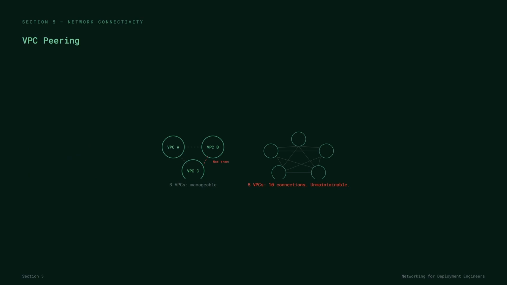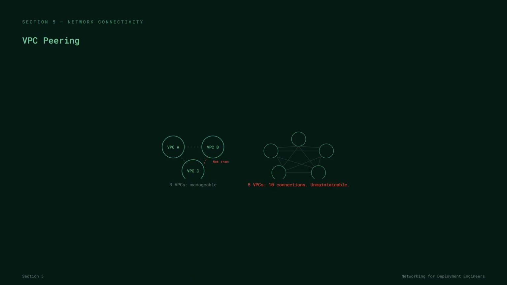VPC peering connects two VPCs directly. They can talk to each other as if they are the same network using private IPs. It's simple to set up and works well for two or three VPCs. The limitations hit you fast though. VPC peering is not transitive.